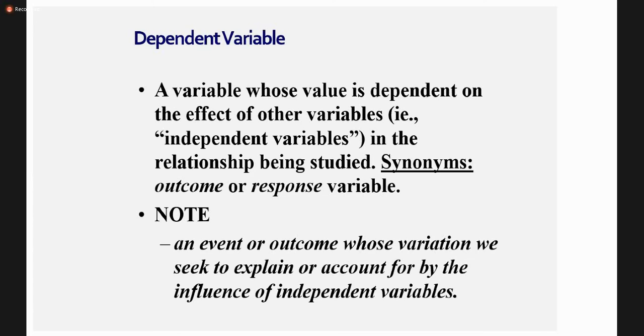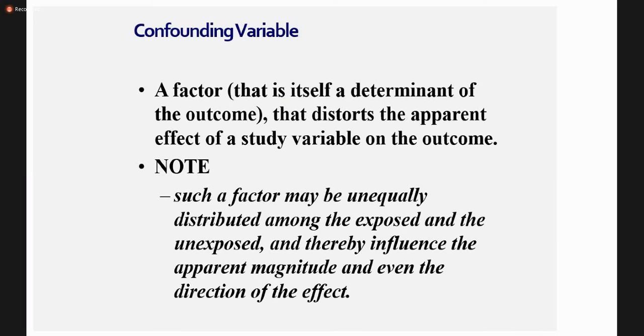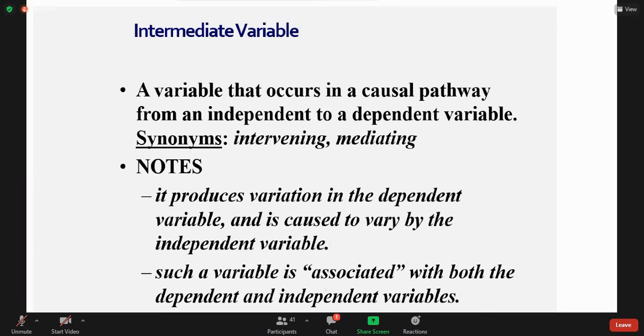So now you should know the difference between dependent and independent variables. And what is a confounding variable? Anything other than the main risk factor and the main outcome variable. The third variable, which is mixing into the relationship of this independent and dependent variable, could be a confounding variable or could be an intermediate variable.